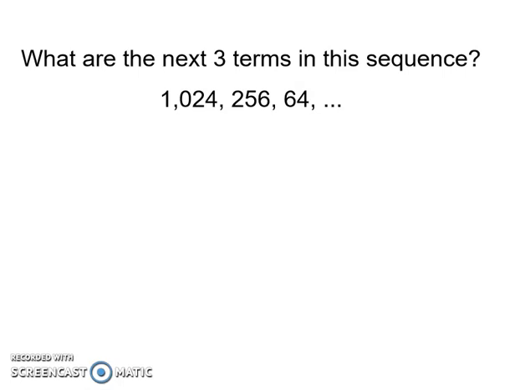Well, 1024 to 256, if it's a sequence, there should be a pattern. You might not be able to tell what that pattern is, but 256 to 64, well, it looks like we're dividing by 4. So if it's a sequence, it should be the exact same thing.